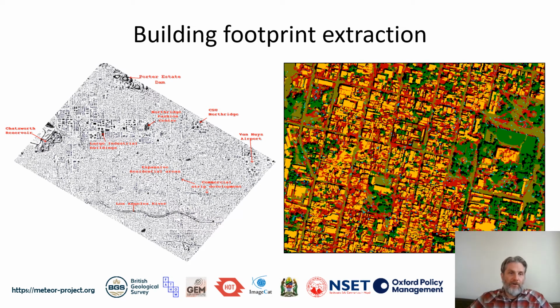Building footprint extraction. This is a more standard, typical use of remote sensing data. It's very powerful in one sense, but not so powerful in another sense. There's loads of information. There's loads of papers and so forth that you can find online about what algorithms to use in this regard.